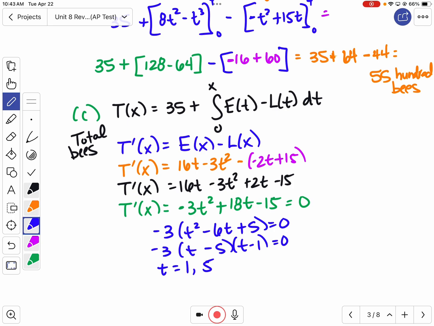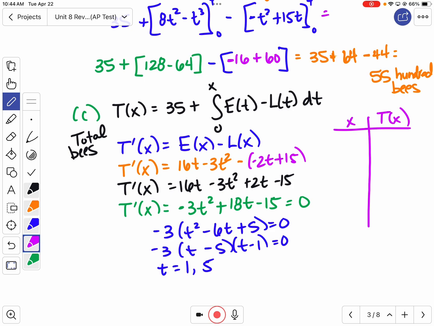Now, when we go to our candidates test, we have x and we have T of x. So this is an involved problem. In fact, it's worth 5 points for a reason. Every question's worth 9, and we've had 4 points so far, so this is the 5 points. You're getting points for all of this work.